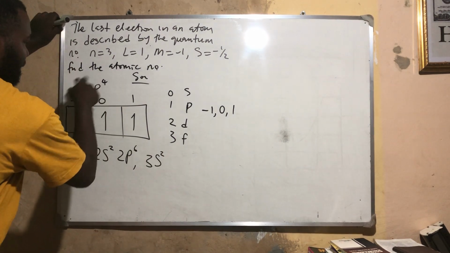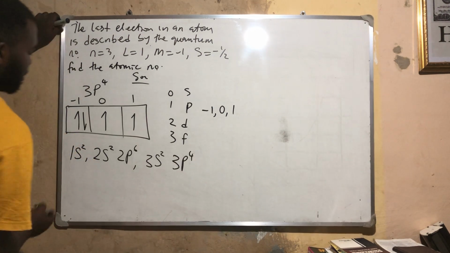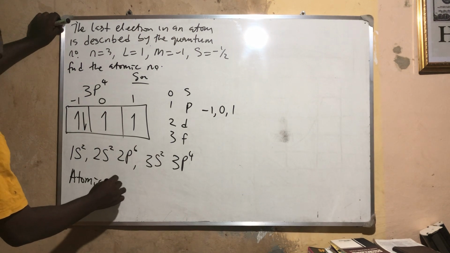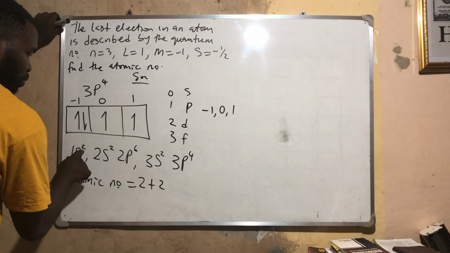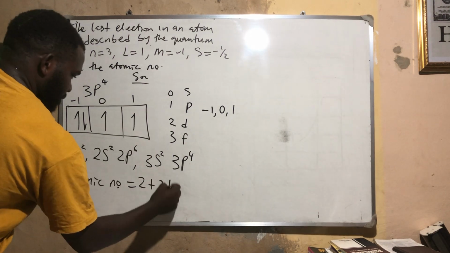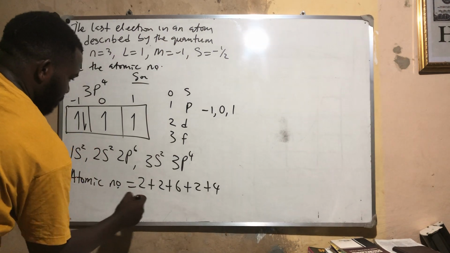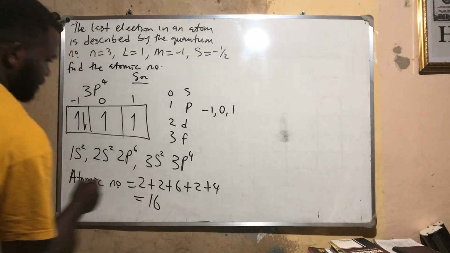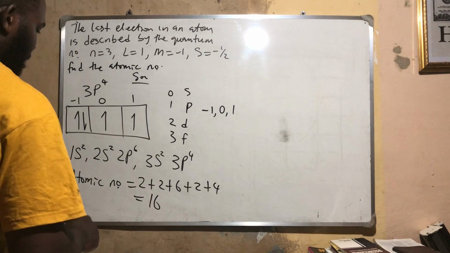Then the last electron is 3p4. So the atomic number is 2 plus 2 plus 6 plus 2 plus 4. If you add them, you have 10, 12, 16. I have 16. Very, very simple. 16 is the atomic number.